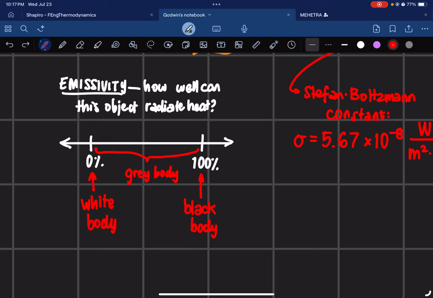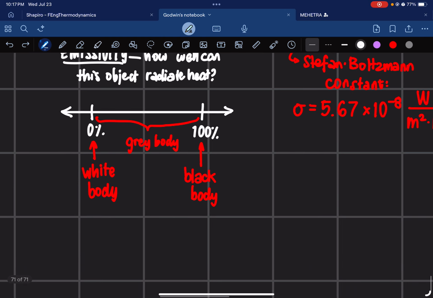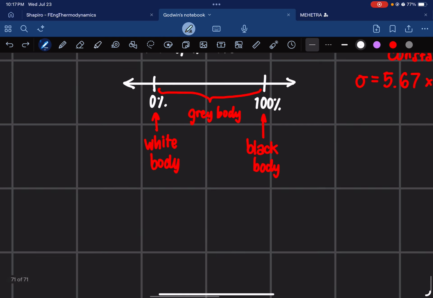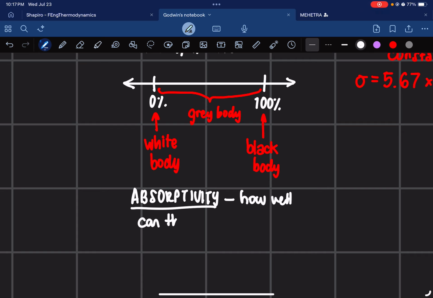Sometimes, the amount of emissivity should also be the amount of what we call absorptivity. Hopefully you can see what this means: how well can this object absorb heat?